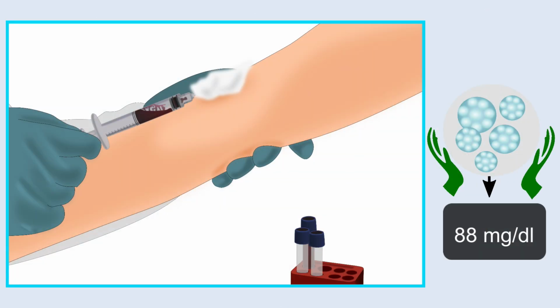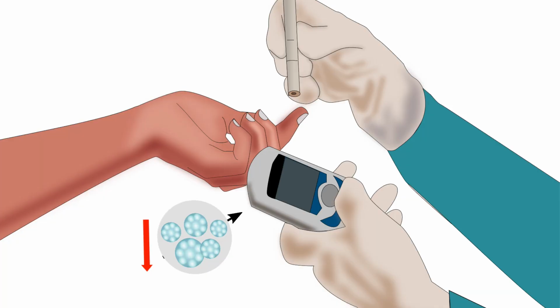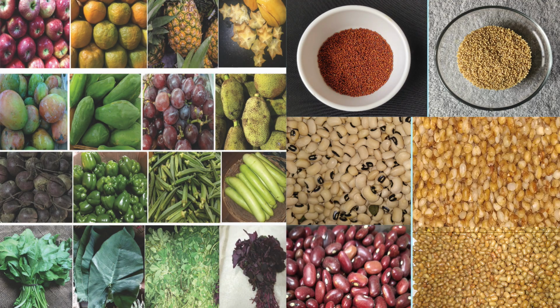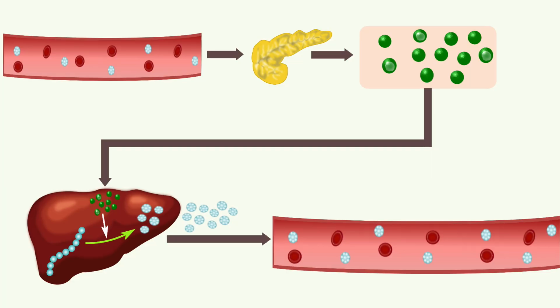The body always tries to keep blood glucose levels stable. If blood sugar drops too low, the body will need a new glucose supply. Glucose can be made from carbohydrates in the food we eat. It can also be made by breaking down stored glycogen in the liver.